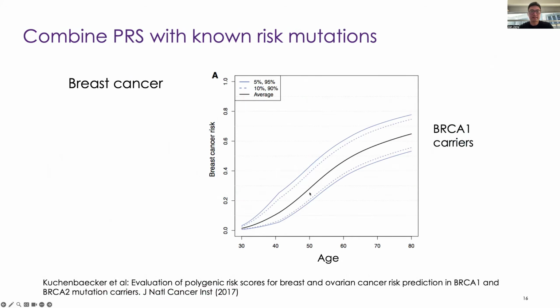And you can see that for the BRCA1 gene carriers, the risk actually has a large variation depending on their PRS values. This means PRS can modify risk even in people who are major risk gene carriers. So the polygenic background still matters, even when a major gene is present.